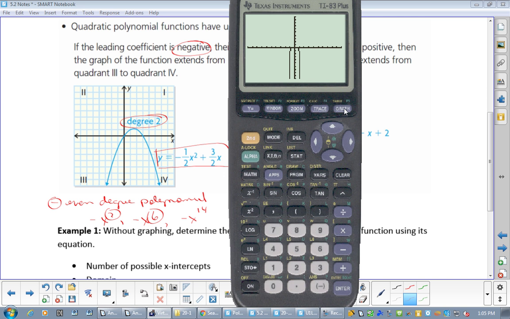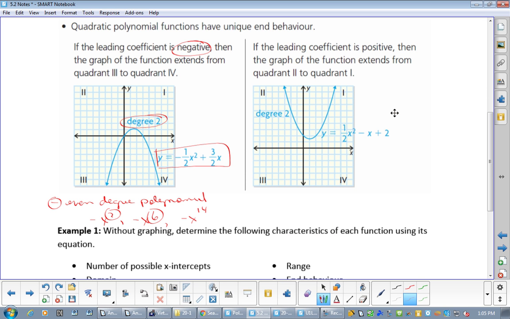What do you think a positive will always do? So a positive even degree will always start in 2, end in 1.